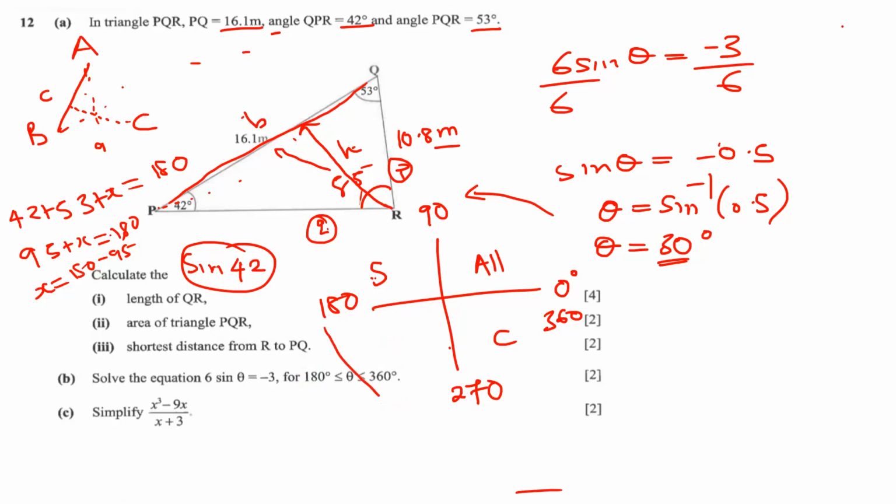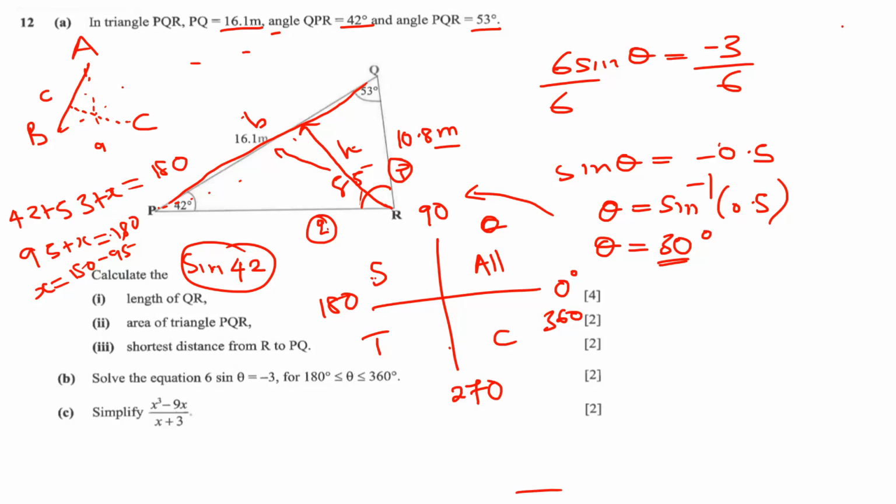So from 180 is from here all the way to there. It happens that sine here is negative because only tan is positive here. So sine is negative, and also in the third one, sine is negative. Now in the first quadrant, theta is just equal to the angle that you find.